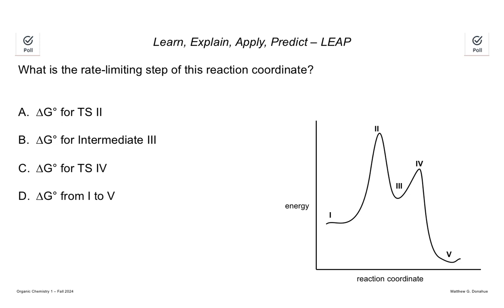And the way you figure that out from your starting material position, just draw a dashed line all the way across, and then look at which hill is higher to climb. So between transition states 2 and 4, 2 is the highest. So that's going to limit the rate of the reaction. So this would be A.